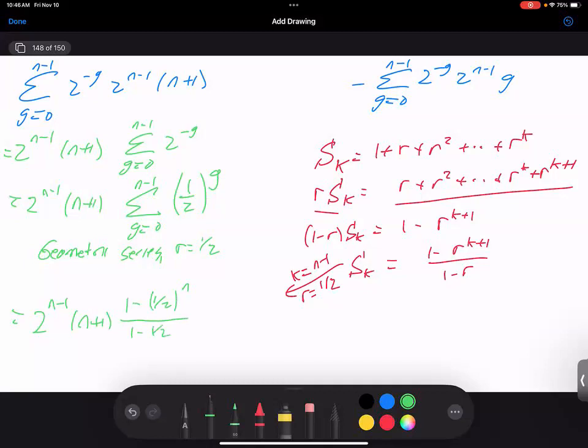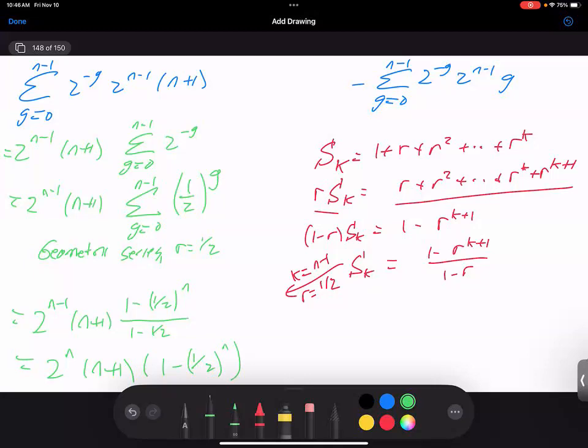So 1 minus 1/2 is just 1/2. I can pull that out. That's going to hit the 2 to the n minus 1. That's going to give me a 2 to the n, n plus 1, 1 minus 1/2 to the n.